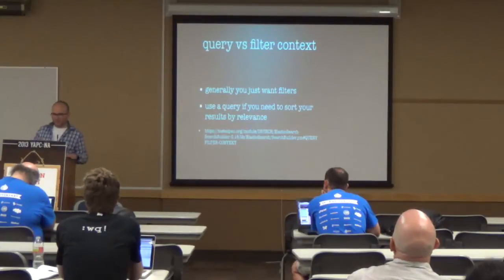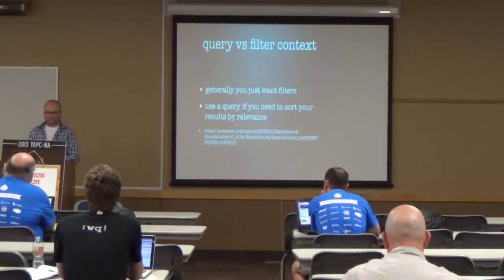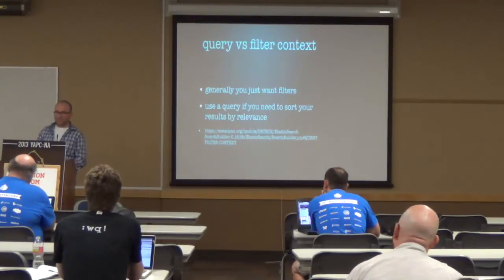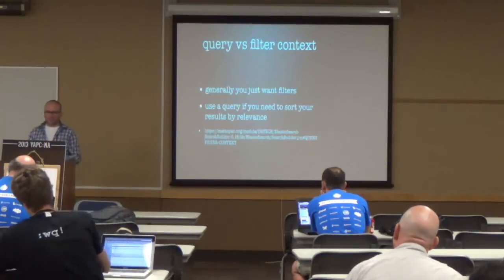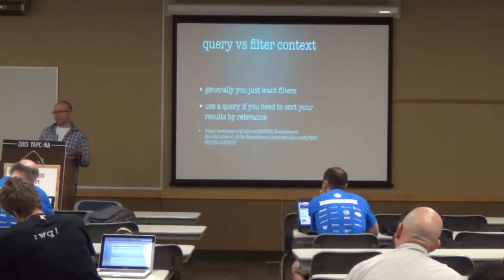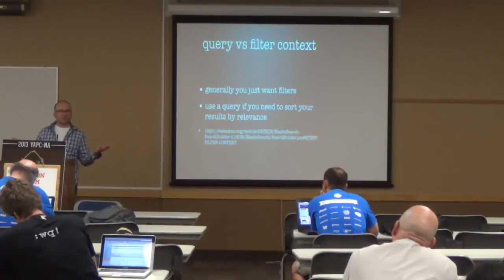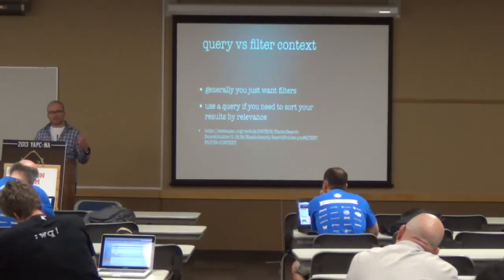Now, for those of you that know a little bit about Elasticsearch, when you do something a little more complicated, you can use a query or you can use a filter. Generally, you want to use a filter. You would use the query when you want to have some kind of relevance to your results. The front page of MetaCPAN.org is a good example, because you want relevant results, right? You type in Plack, you don't want Plack middleware to come up first, you want Plack.